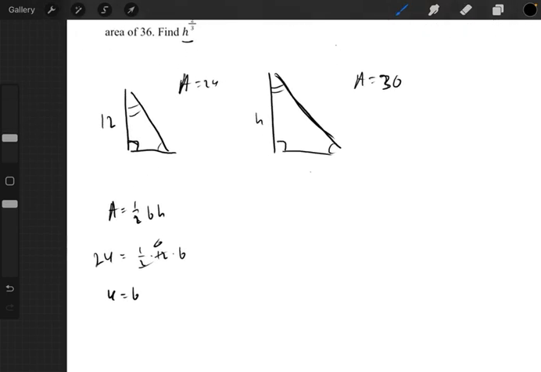And then from there, you know that area equals 1/2 times 4 times 12. Actually, that's not quite what I want. Area equals 1/2 base times height.